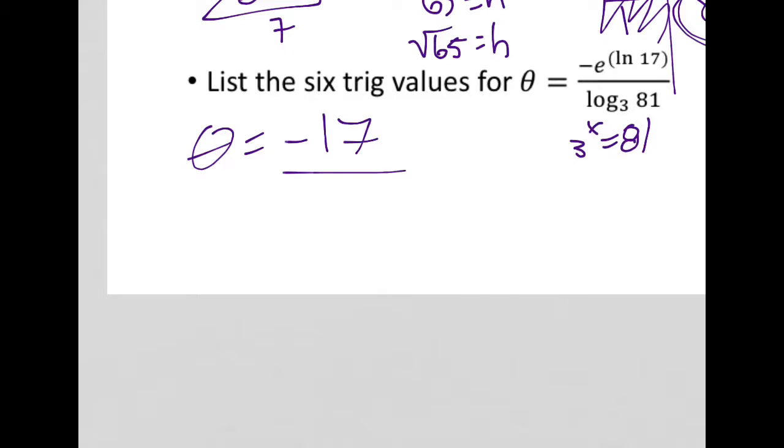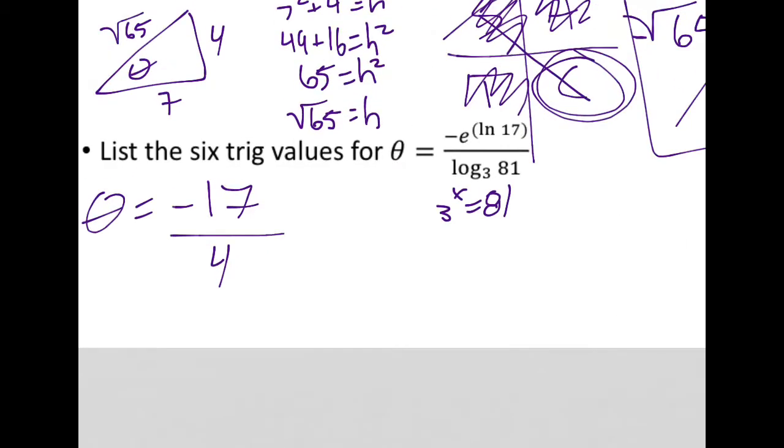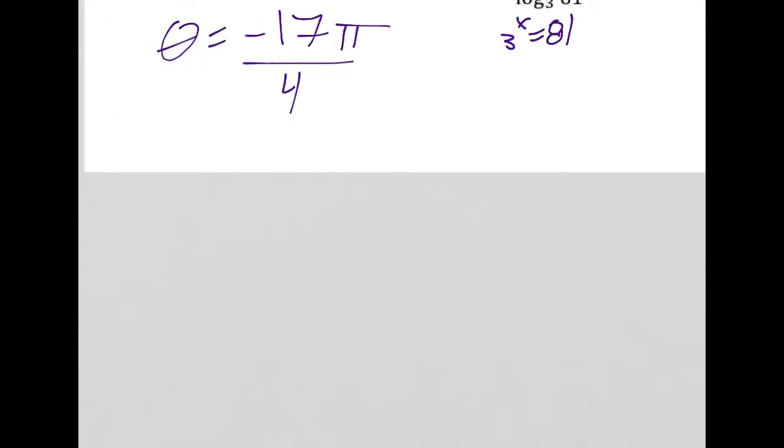Well, 3 to the 4th power is 81, so we get a 4 down there. And I actually meant to put a pi right there, so let's pretend I did and say negative 17 pi over 4. Let's figure out where that is and list the 6 trig values.